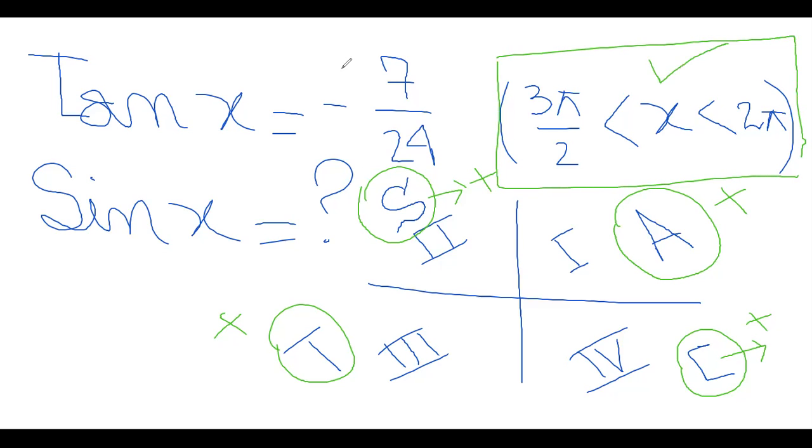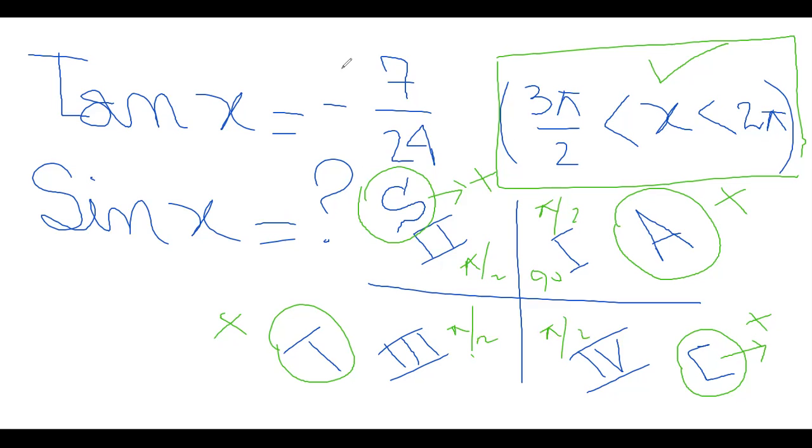What I am saying is that if the angle lies between 270 and 360, what should be the quadrant? Because each is divided into 90. 90, pi by 2, is the first quadrant, then next pi by 2 is this one, then next pi by 2 is this one, then next pi by 2 or 90 degrees is this one.